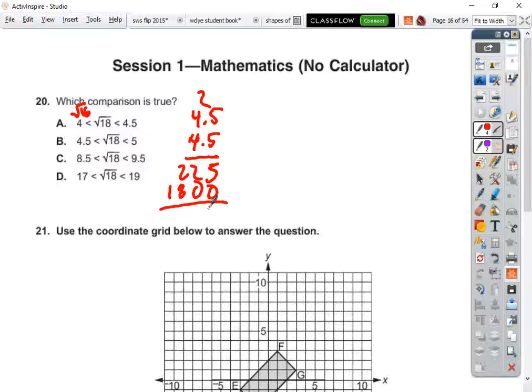So I get the square root of 20.25. Well, wait a second. Is 18 in between those two? Yes, it is. So A is the correct answer.